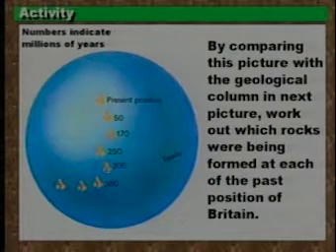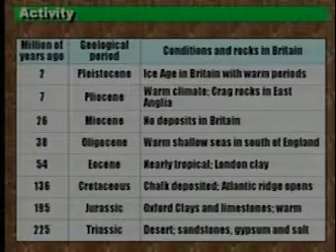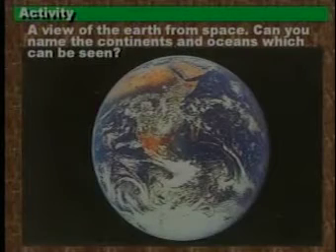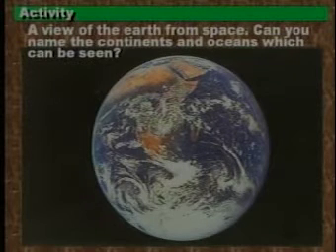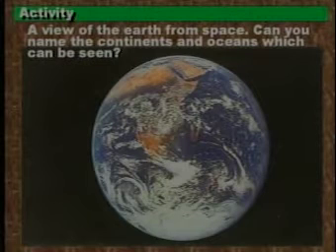That's the first activity. The second activity, looking at the view of the Earth from space: can you name the continents and oceans which can be seen? So only those that can be seen. You're not going to make a list of all the oceans and continents.